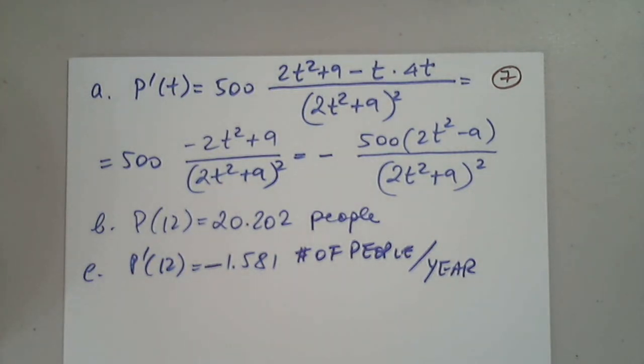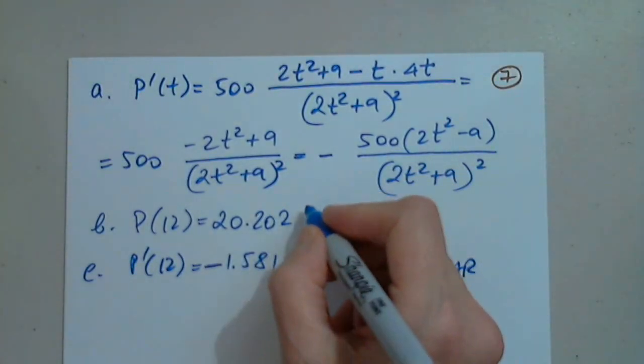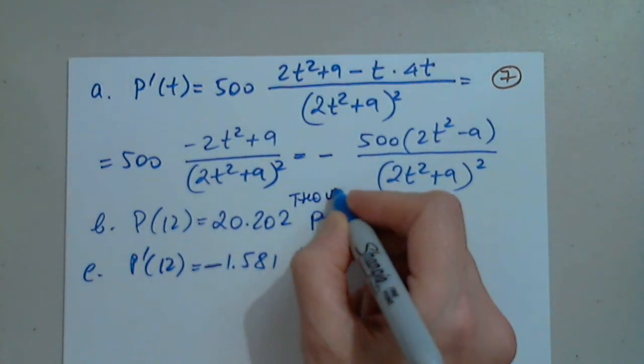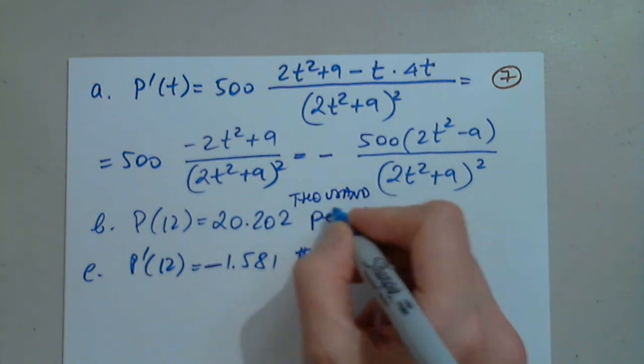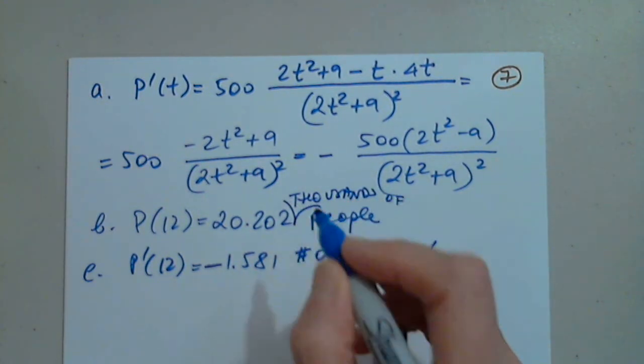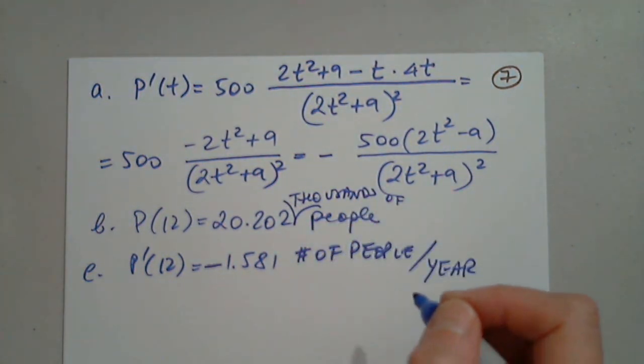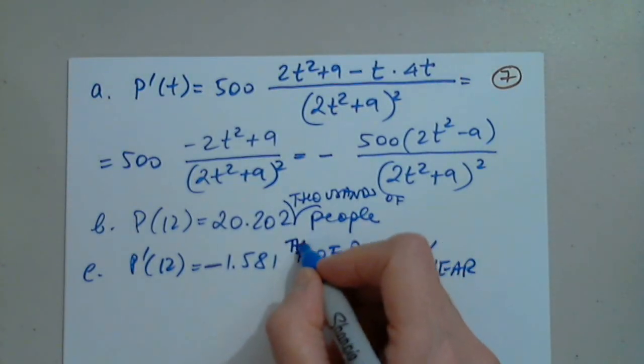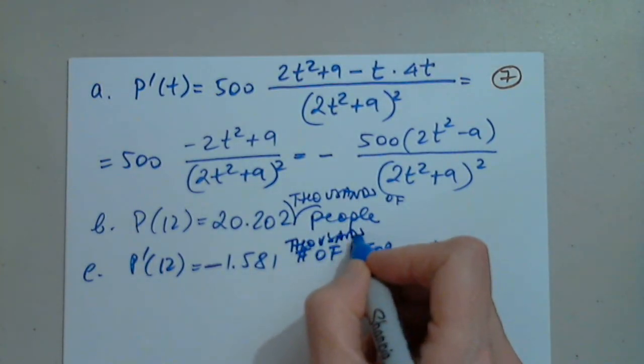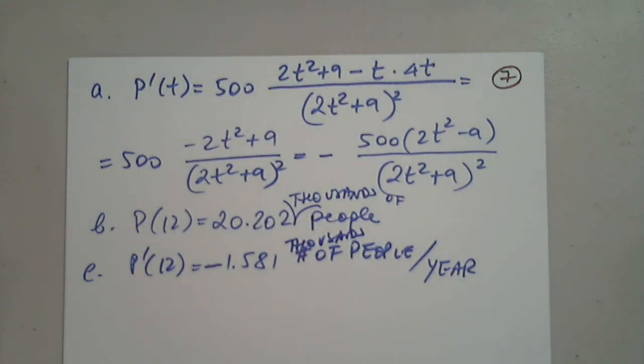And let's see, population is in thousands. So thousands of people, and this is thousands of people per year.